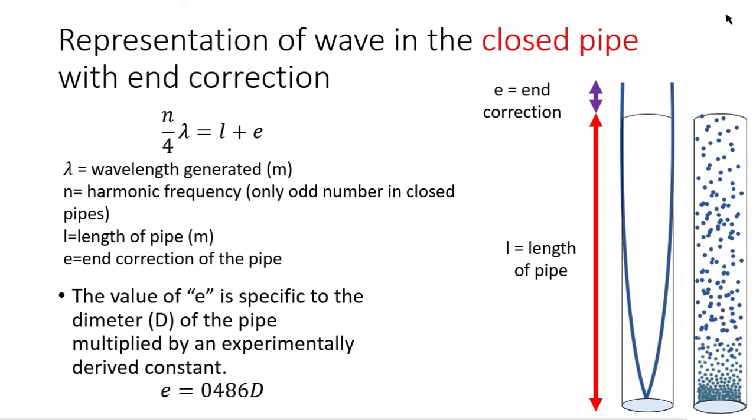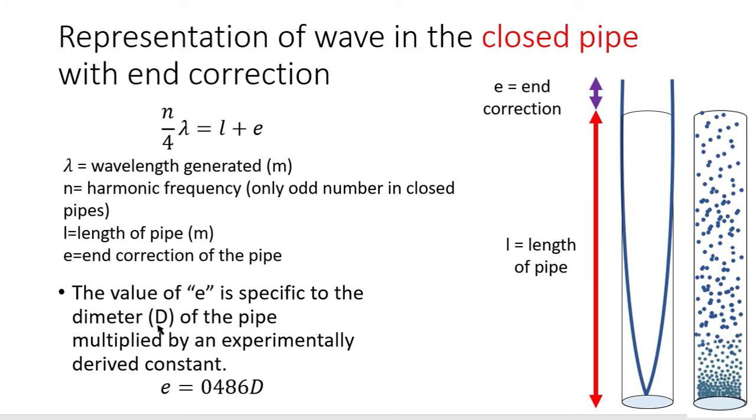Now the unique thing about this end correction variable is that it has a relationship with the diameter of the particular pipe.